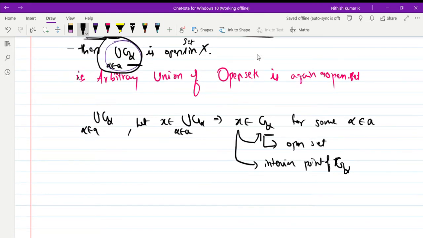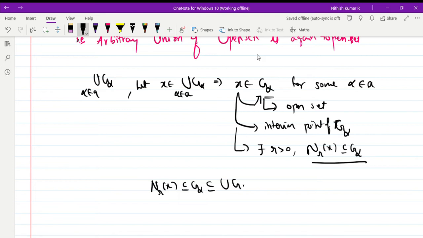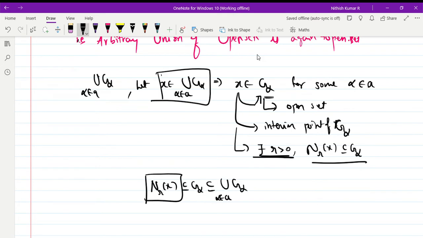Now what is the meaning of an interior point? It says there exists some r greater than 0, a positive real number, such that N_r(x) is contained in G alpha. Now note that G alpha is clearly contained in the union of G alpha, where alpha belongs to A. Therefore, for an element in the union of G alpha, we got a neighborhood such that N_r(x) is contained in the union of G alpha.